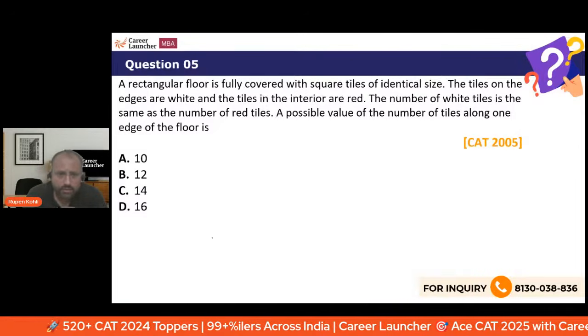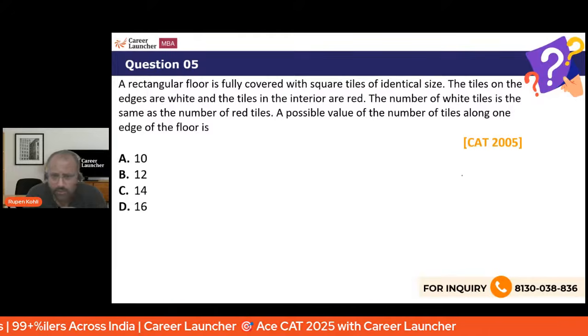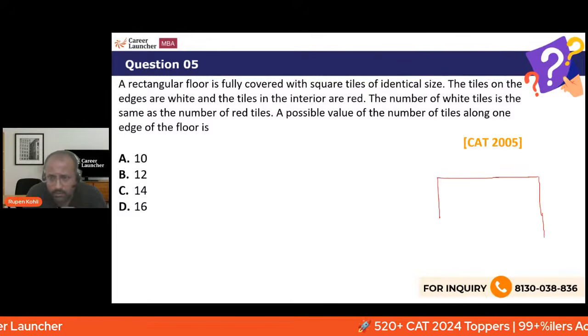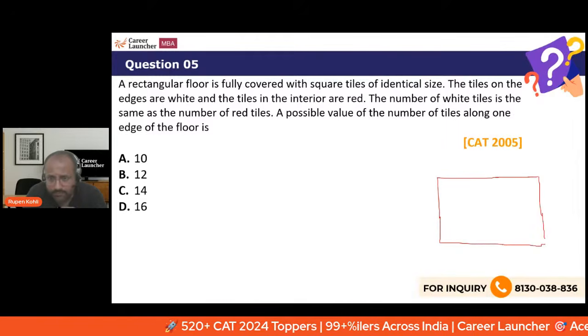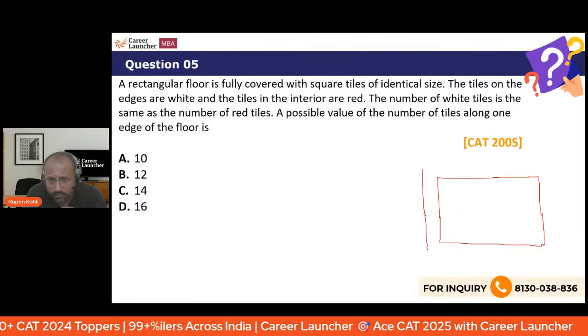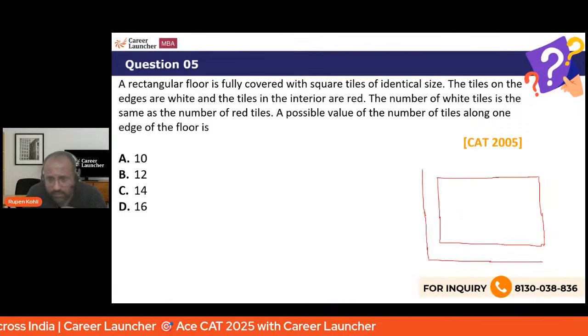Let's understand it through a bit of small diagram over here. Let's say this is my rectangular floor. I need to leave out the boundary. Let me draw the boundary here. So I have left one tile space all around.